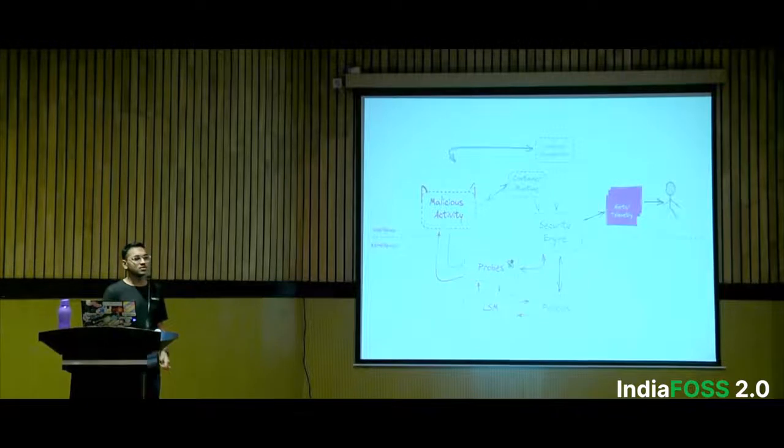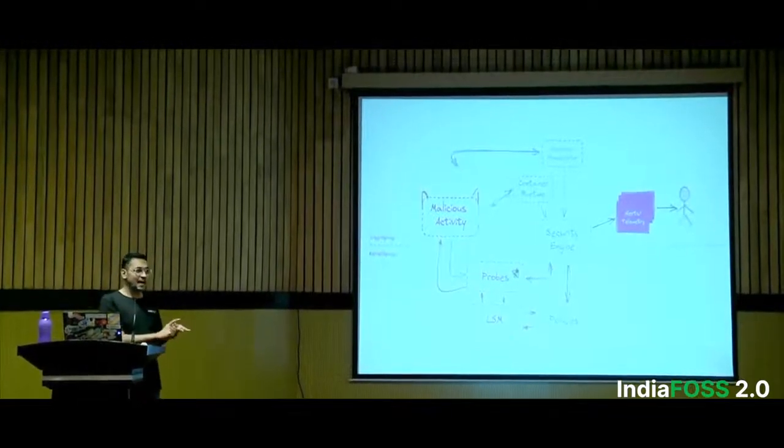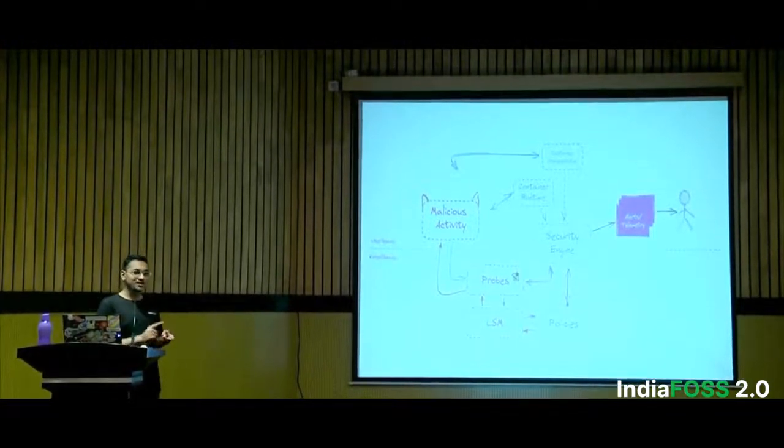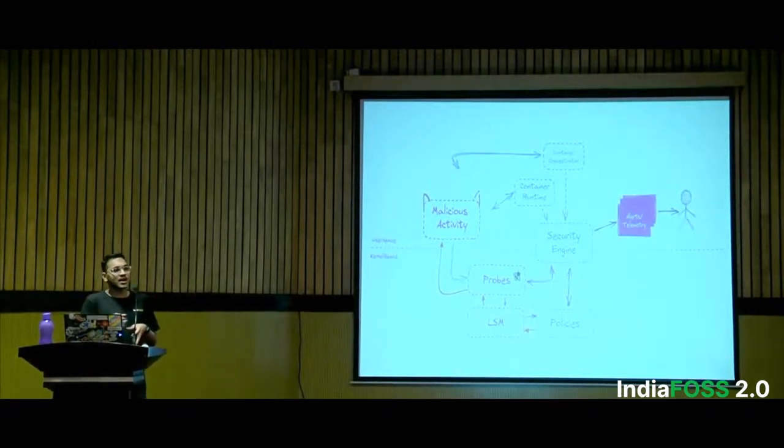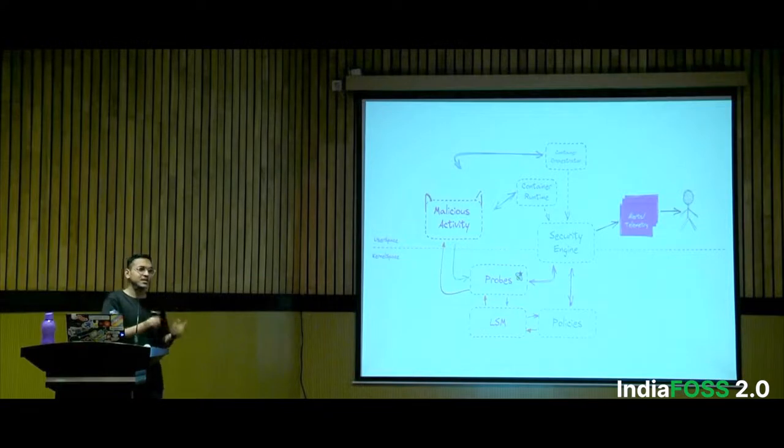But LSM hooks we can use for observability as well as enforcement, and these are placed strategically in the kernel such that these race conditions cannot be exploited, and we still have our observability and enforcement working as it is.